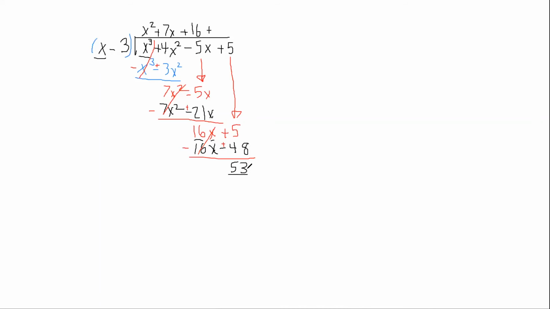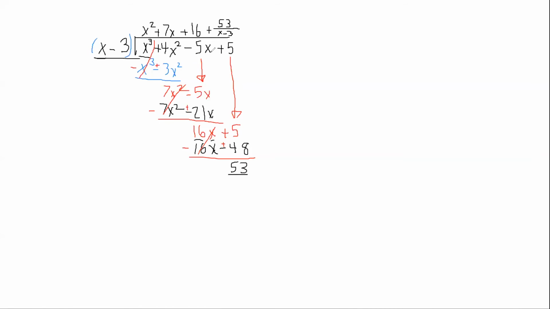And what we do with our remainder is we carry it up to the top and write it over our x minus 3 here. So we have 53 over x minus 3.